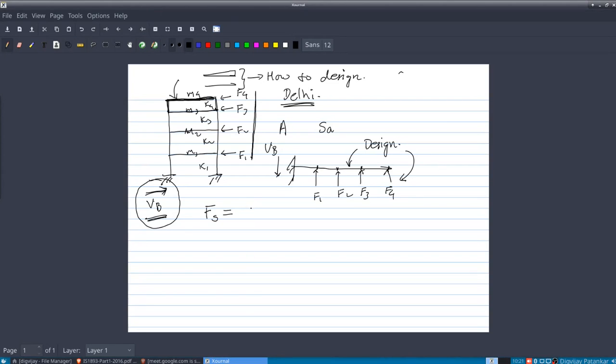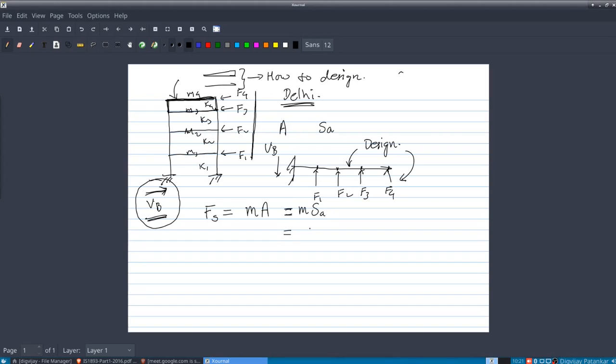M into pseudo acceleration, sir. Mass into pseudo acceleration A, isn't it? Or I think sir uses M into pseudo spectral acceleration, MSA. So this was the expression. We will use MSA because AH is also there, that is going to confuse us.